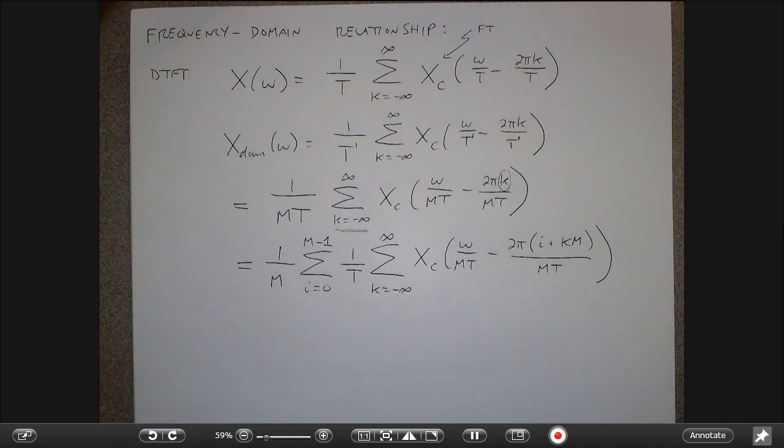When k equals 1, it goes from M to 2M minus 1, and so on. I'm just taking these pieces apart.